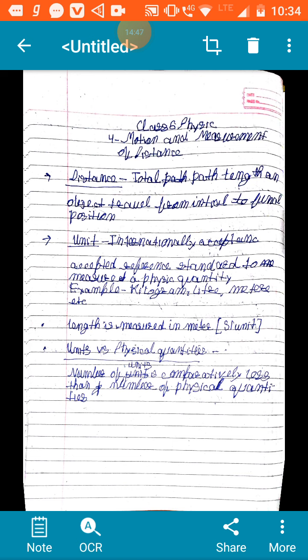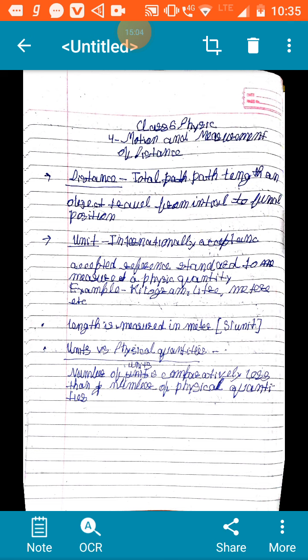Unit: it is an internationally accepted standard used to measure a physical quantity, like kilogram, liter, meter, etc.